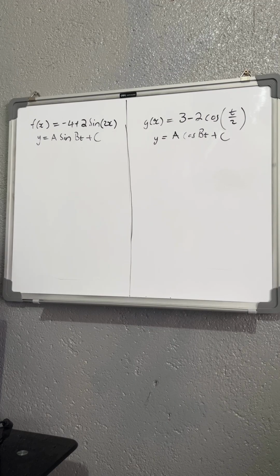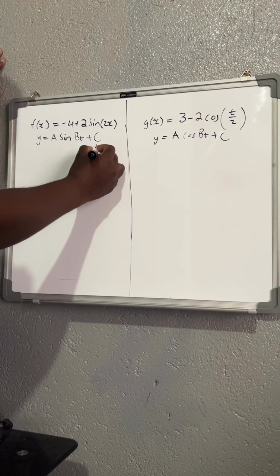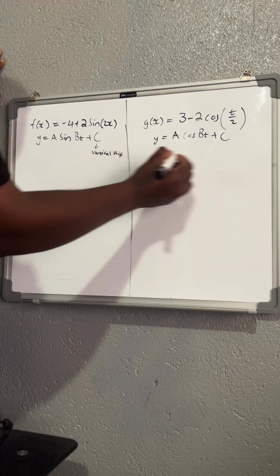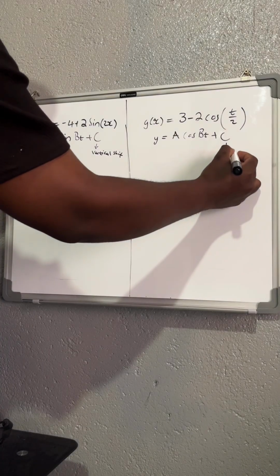If they give you an equation like this and they ask you what is your amplitude, what is your vertical shift, such questions, so you will know your C. This one is normally your vertical shift. Even here, this is your vertical shift.